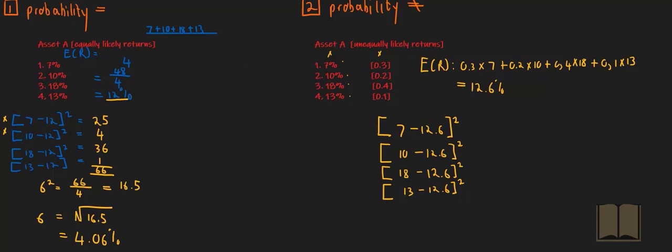The difference here, however, is that we've got probabilities associated with each deviation. So we need to incorporate those probabilities. So the first one we multiplied by its probability of 0.3, the second one is multiplied by 0.2, the third one is multiplied by 0.4, and then the last one is multiplied by 0.1.